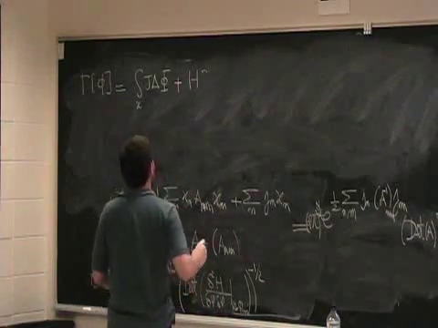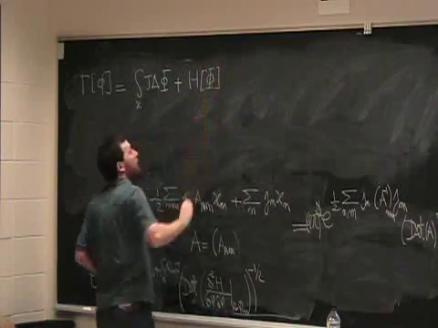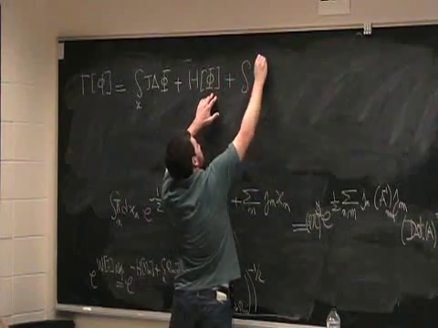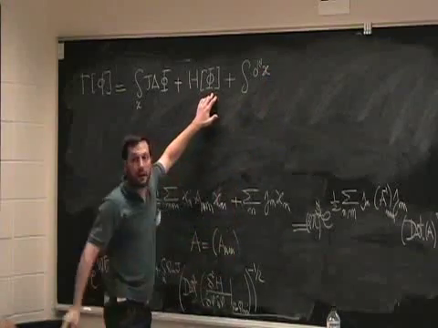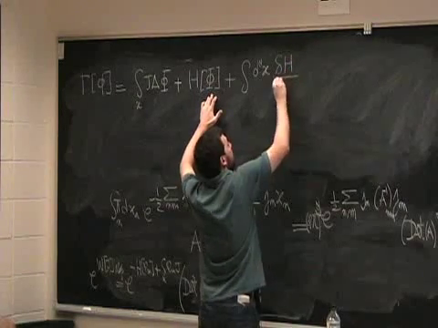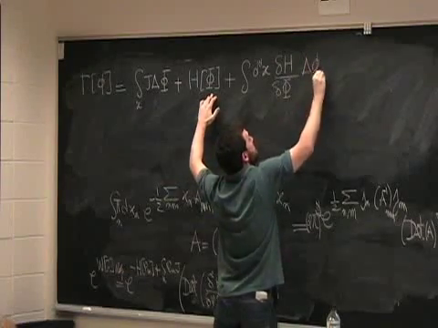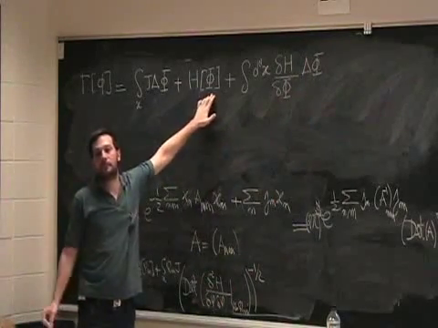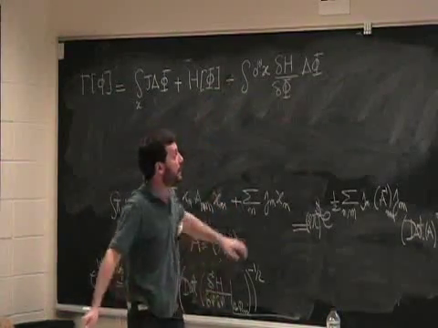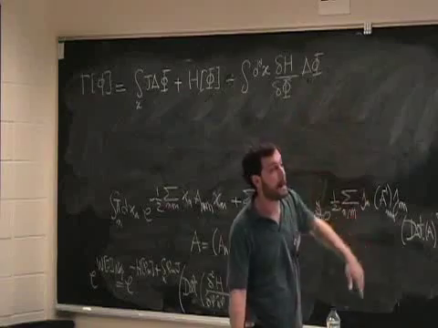This can be written as phi h of capital phi plus the integral. I will use the first order linear expansion, derivative of h with respect to phi times delta phi. I will neglect the terms to the square because I'm working at the leading order.